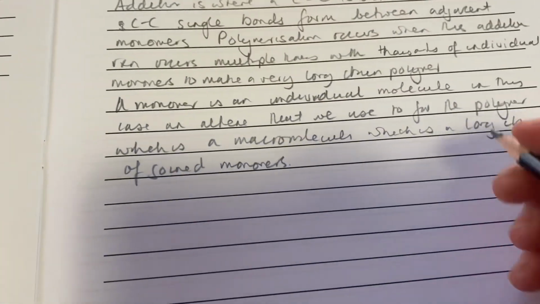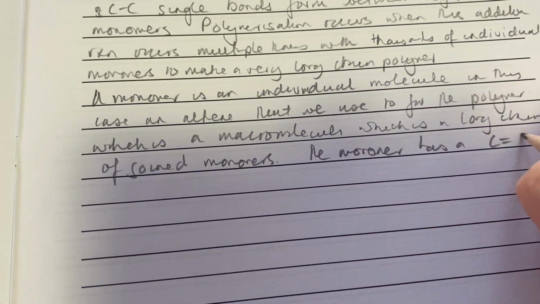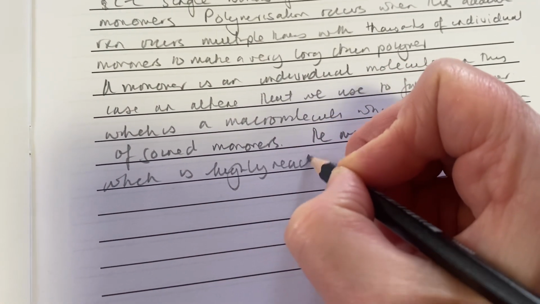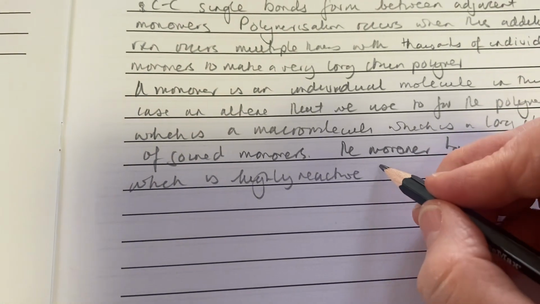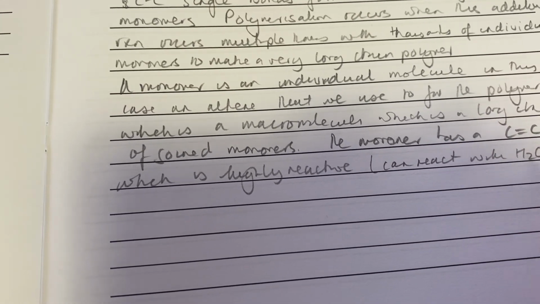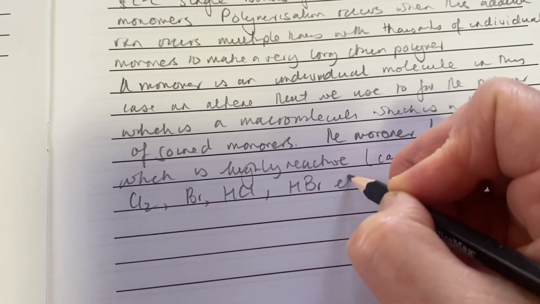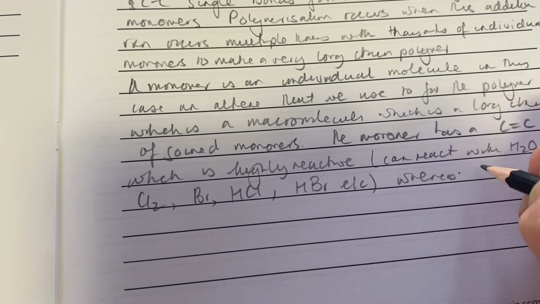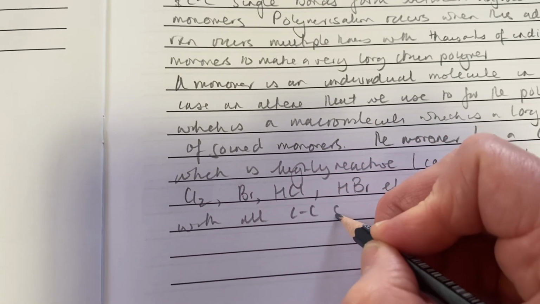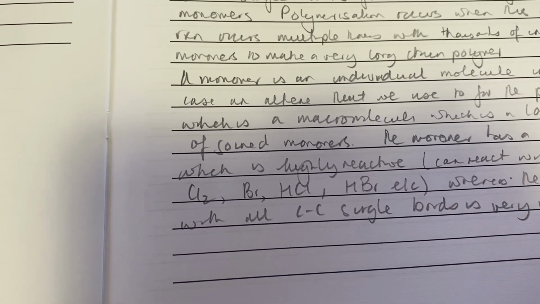Compare the chemical reactivity. The monomer has a carbon-carbon double bond, which is highly reactive. So we know it can react with water, chlorine, bromine, HCl, HBr, etc. Whereas the polymer with all single bonds is very unreactive.